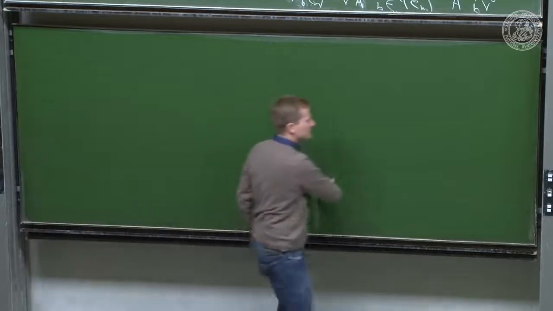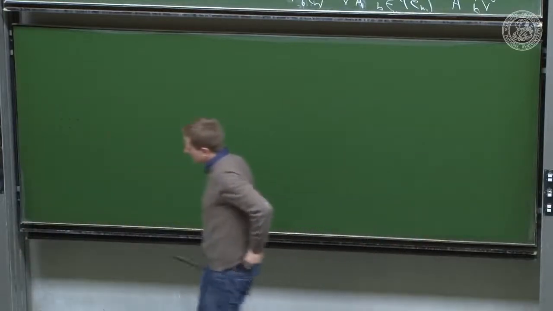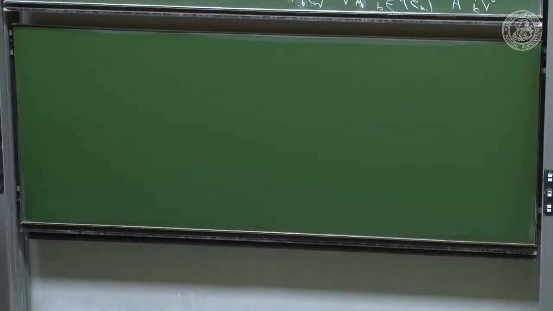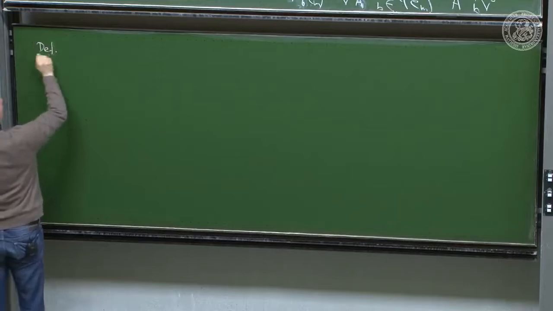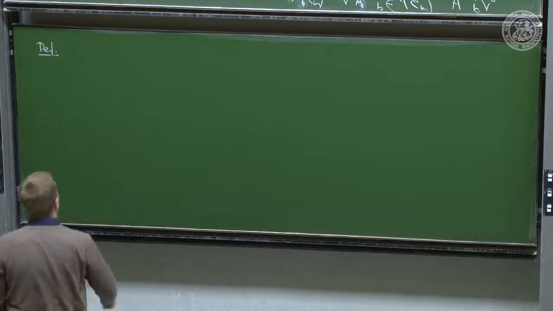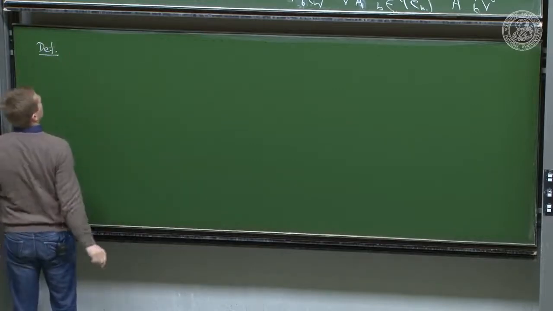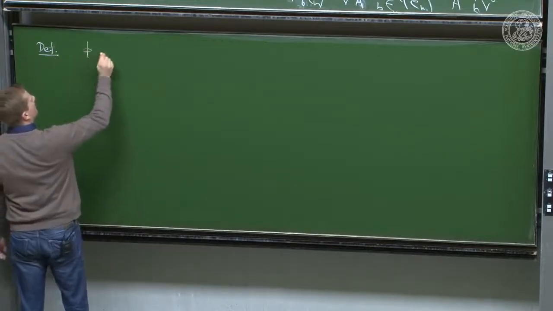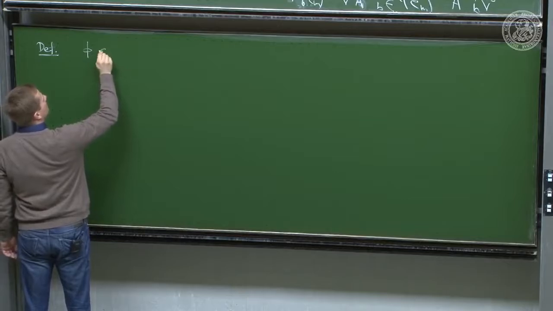Now, what is a determinant? Definition. So first of all, there is no determinant on a vector space without a volume form, but it's not that bad. We'll see in a second. Definition. Let phi be an endomorphism.